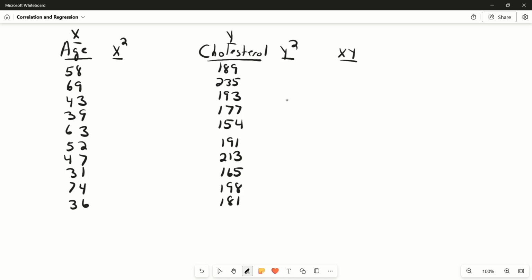So the first thing you're going to do is square all the X values. We are squaring all the X values here.